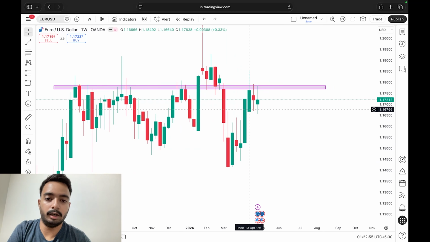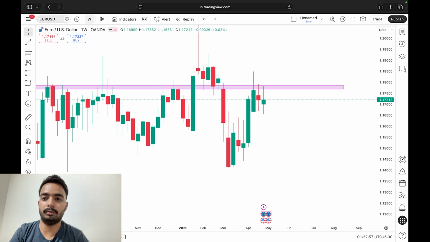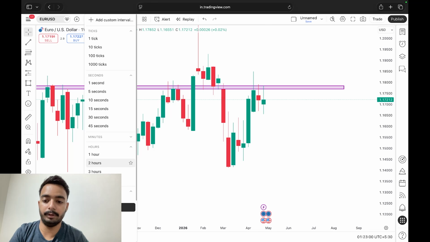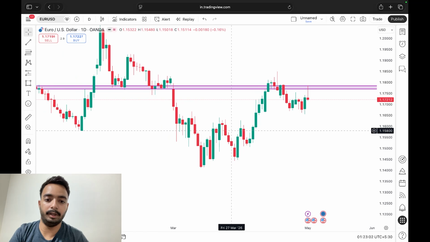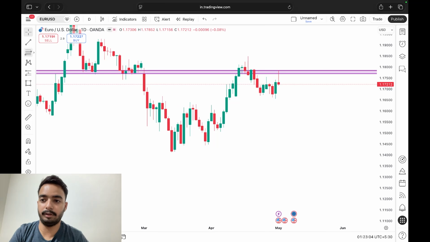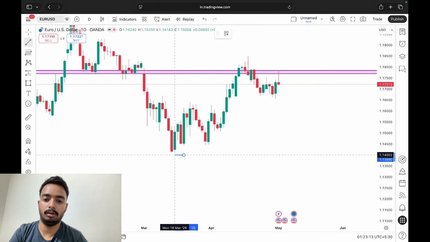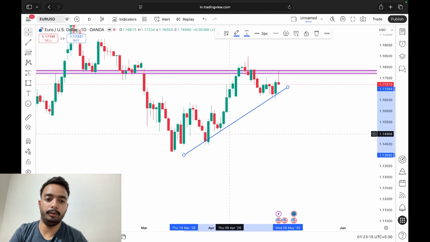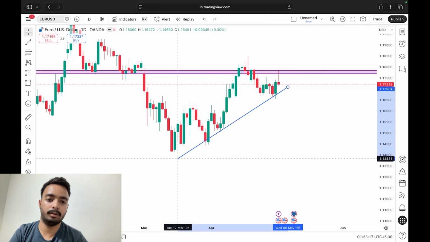But until we see a breakout of this trend line on the daily time frame, we will stay bullish.